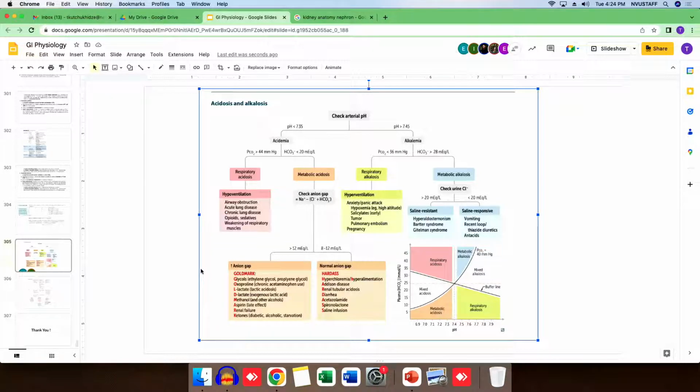If the pH is lower than 7.3, it is already an acidosis situation. We don't know yet whether it is respiratory or metabolic. Then we measure the partial pressure of CO2. If the partial pressure of CO2 is really high, for example more than 44 mmHg, we can say this is respiratory acidosis.